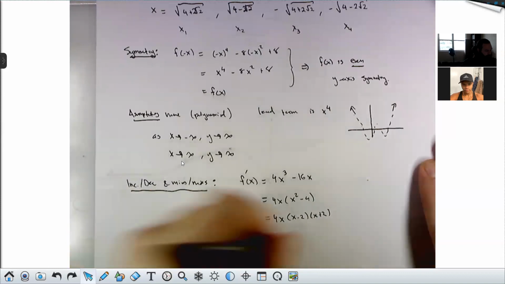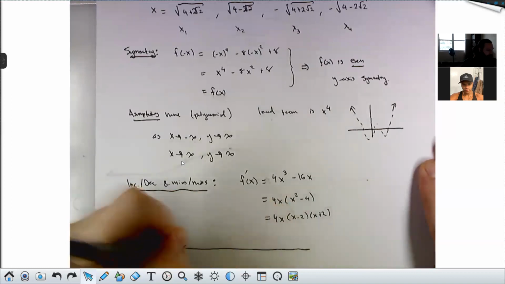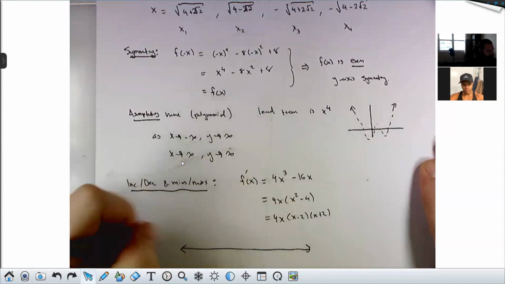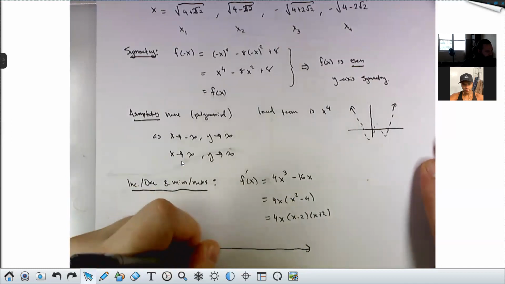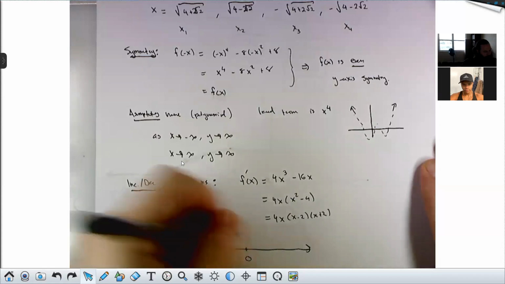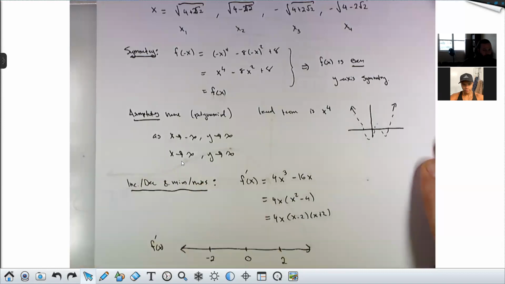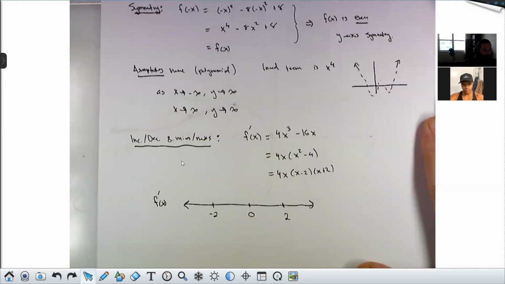So my number line for f prime has -2, 0, and +2. -2 coming from this factor, +2 coming from this factor, 0 coming from this factor.